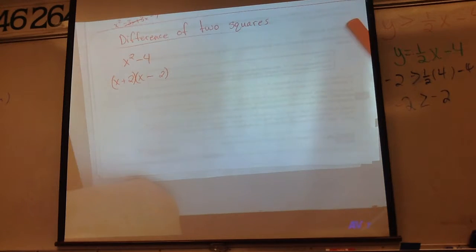And then 16. 25, 5 squared. 36. 49, 7 squared is 49. 8 squared, 64. 81. 100. What's 11 squared? 121. 144.